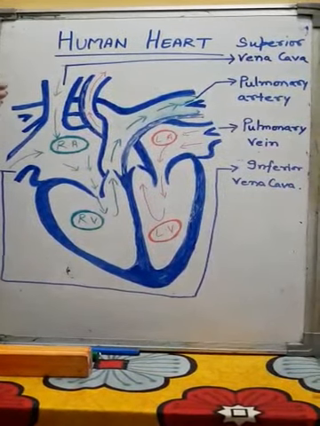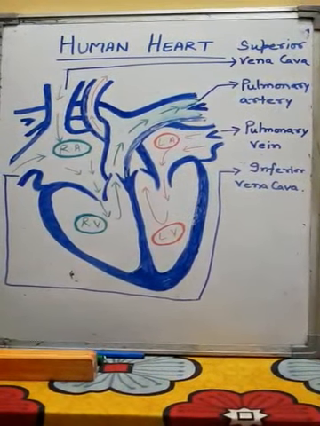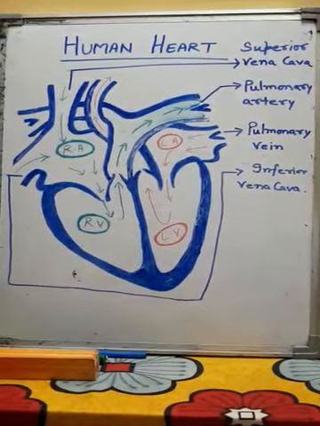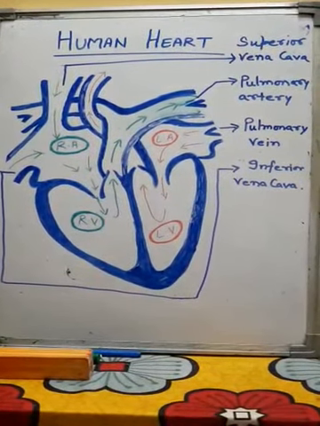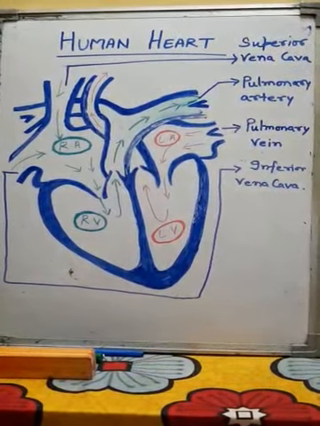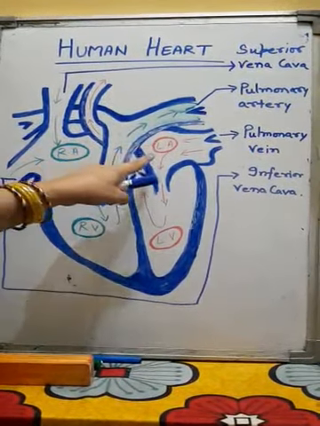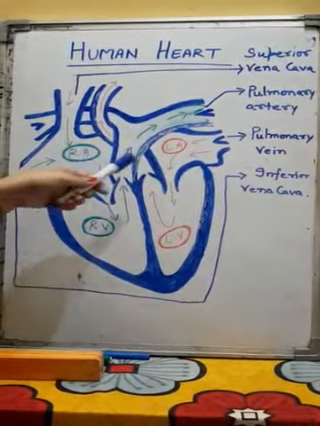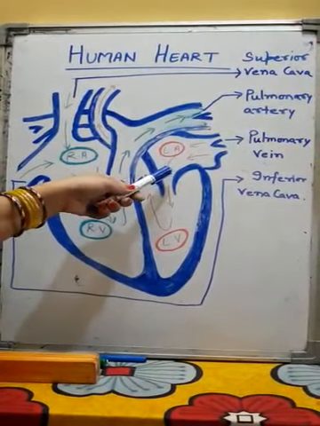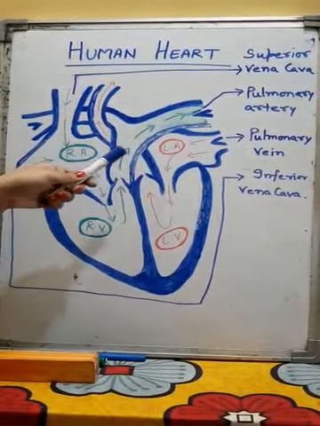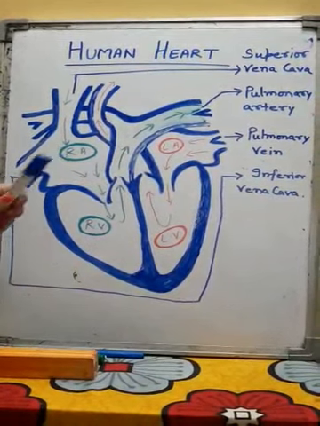Now let's discuss the structure of the human heart. Human heart is completely divided into four chambers. It is a four-chambered structure. Two upper chambers are called auricles, right auricle and left auricle. These are comparatively smaller and thin-walled.